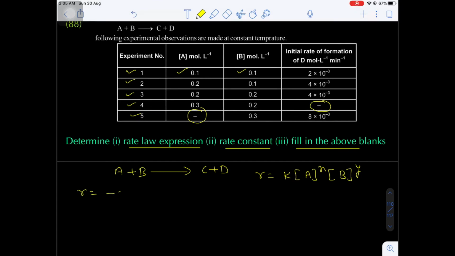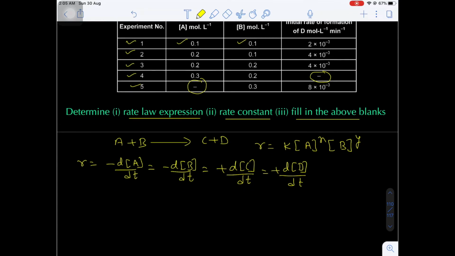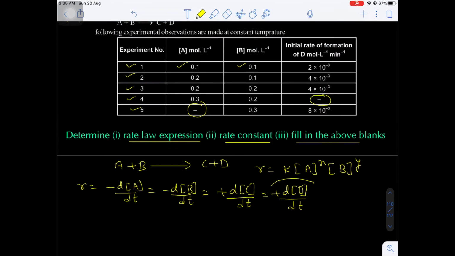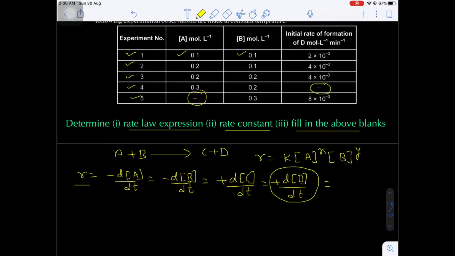Rate of reaction is equal to minus dA by dt, which is equal to minus dB by dt, which is equal to plus dC by dt, which is equal to plus dD by dt. Here all the stoichiometry coefficients are 1, so we should not write the 1 in the denominator. The rate of formation of D, plus dD by dt, is given in each experiment, which is indirectly the rate of a reaction.